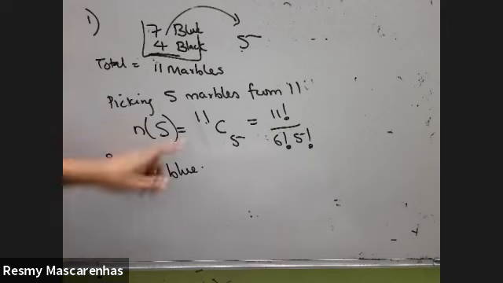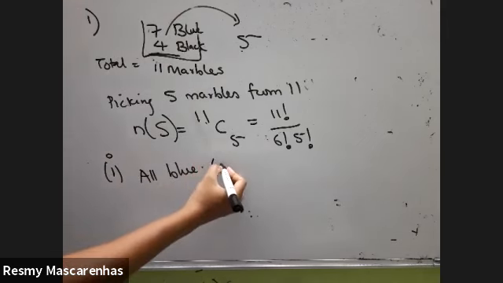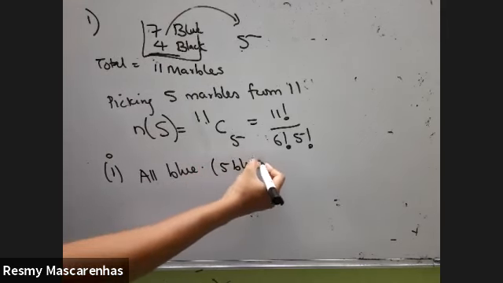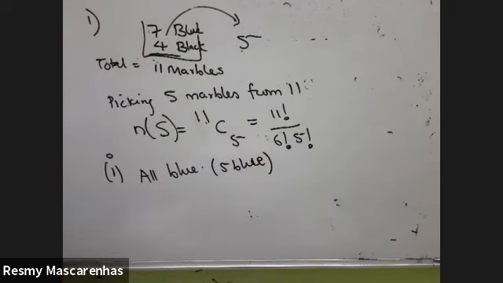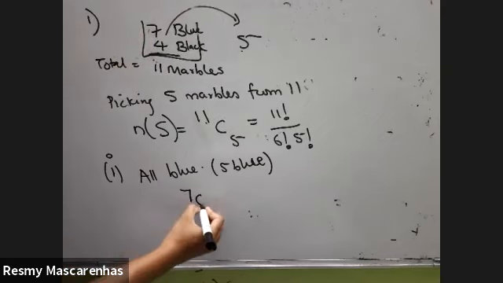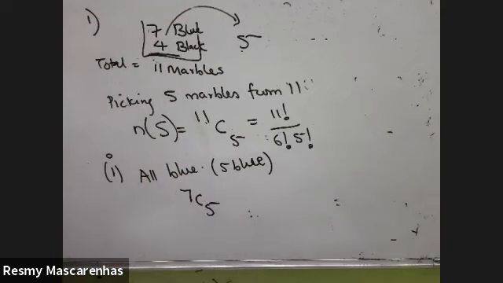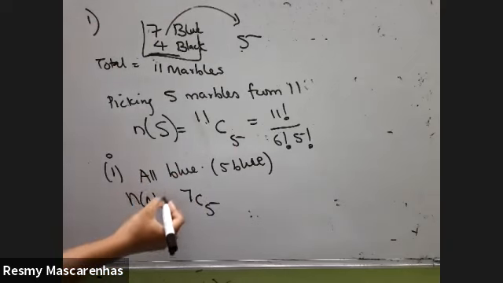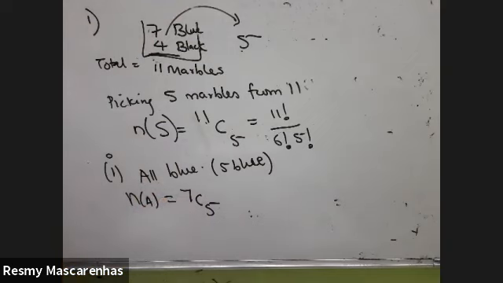All blue means 5 blue I have to pick up. So how many are available? 7 are available. So that will be n of A. From 7 I have to pick up 5 blue.